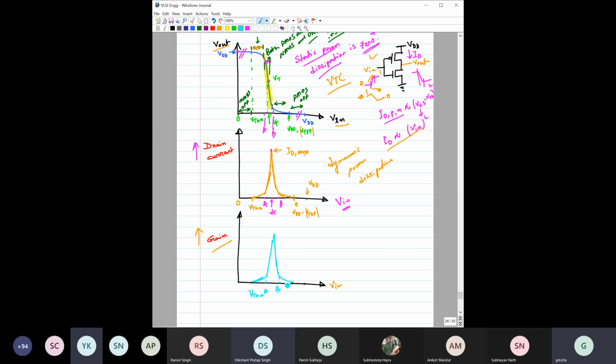This is VTHN, this is VDD minus mod of VTHP, this is VDD, and this is 0. So if you want to make an amplifier in the analog domain, then probably you would use it. Please do read.